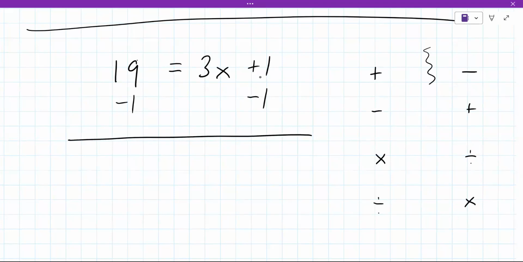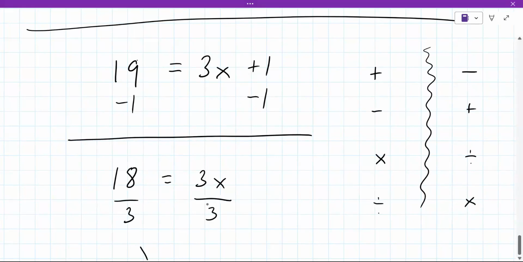It's relatively straightforward, there's no exception. You just do the opposite of what you see. So this becomes 18 equals 3x. And then you can divide by 3. So x equals 6.